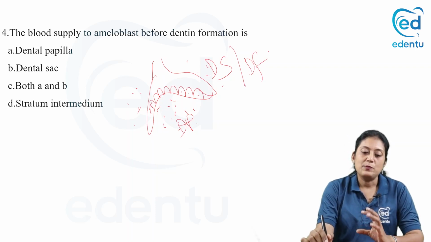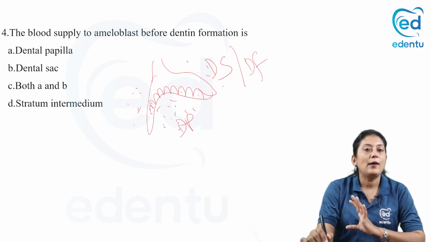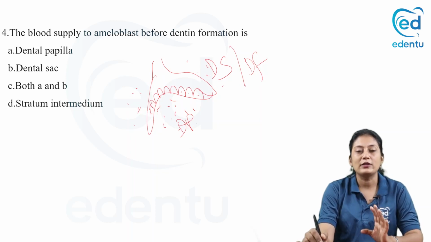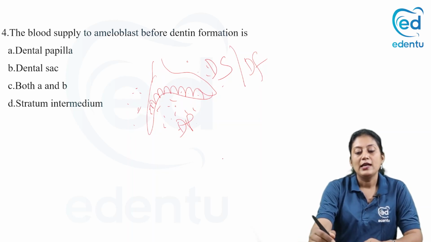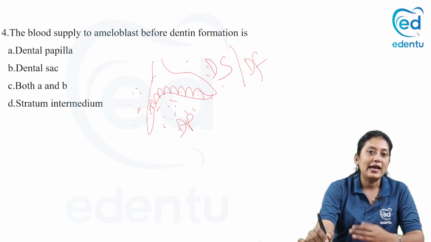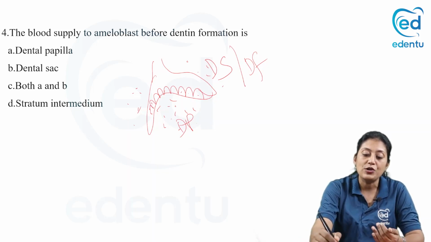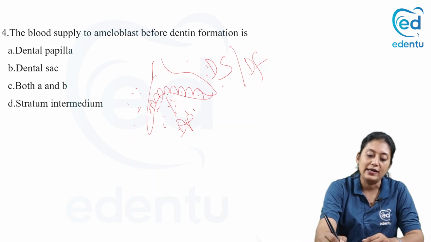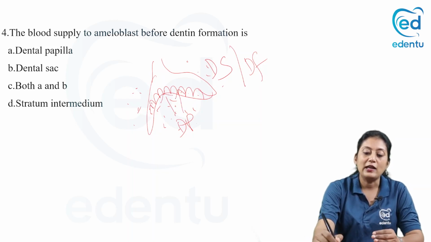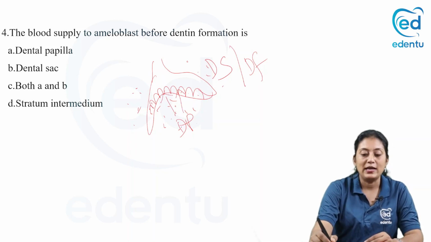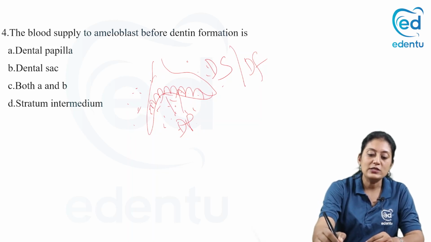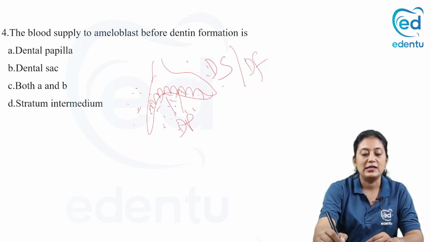In the advanced bell stage, dentin or enamel formation is not yet happening. Before that, up to the early bell stage, the inner enamel epithelial cells are avascular; all epithelium is avascular. So they receive nutrition from the underlying dental papilla, because nutrients diffuse directly from the blood vessels in the dental papilla to the inner enamel epithelial cells.